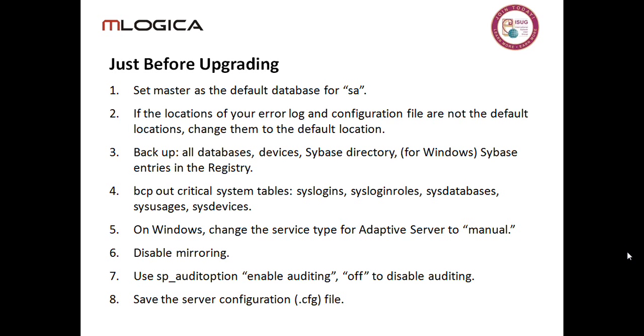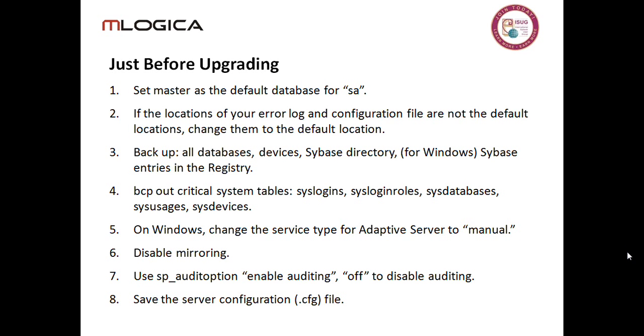Next, BCP out your critical system tables: the logins, sysroles, sysuserroles, sysloginroles, sysdatabases, sysusages, sysdevices. Note that this may be moderately difficult to take advantage of because 15 is going to make changes to some of these system tables.